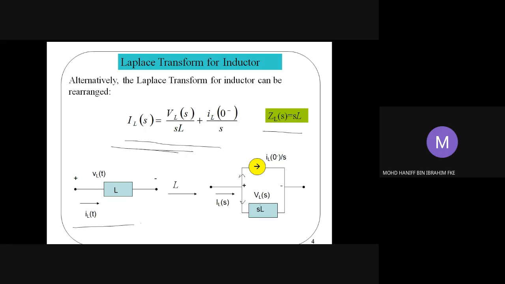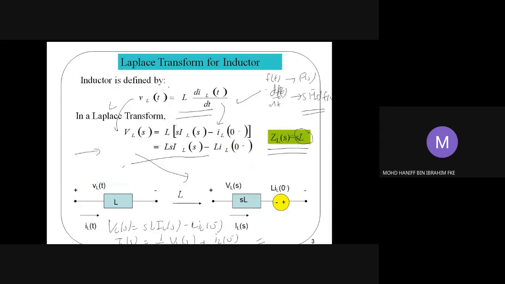That is based on the equations here. So these are the transformations for the inductor from the time domain to the S domain. I repeat again, for this particular slide, the inductor's current is written in terms of the voltage, right?